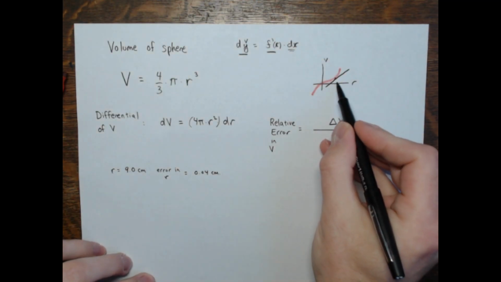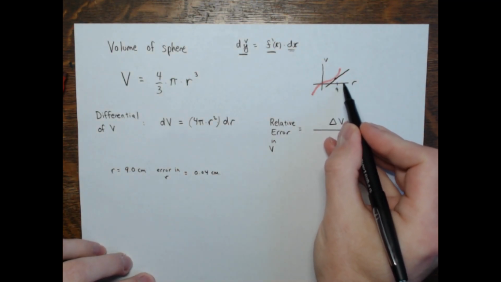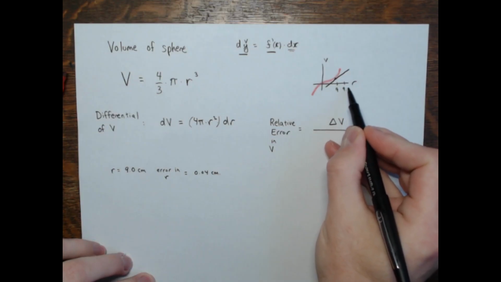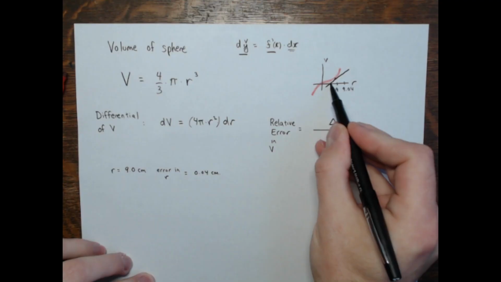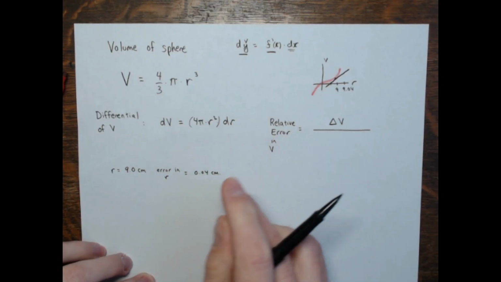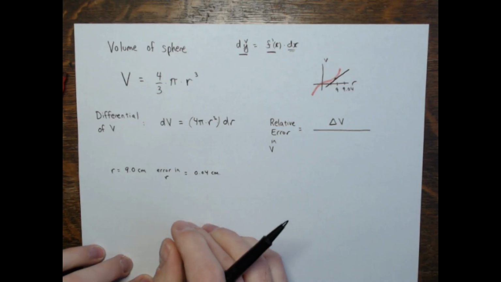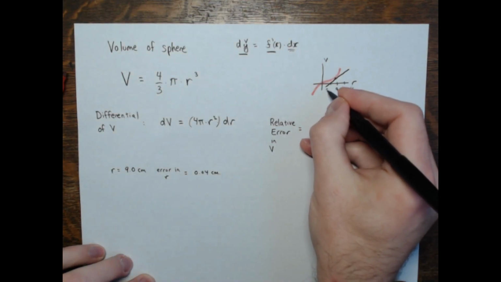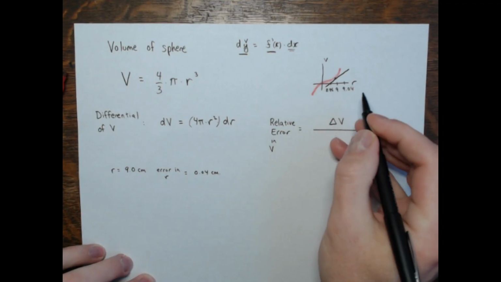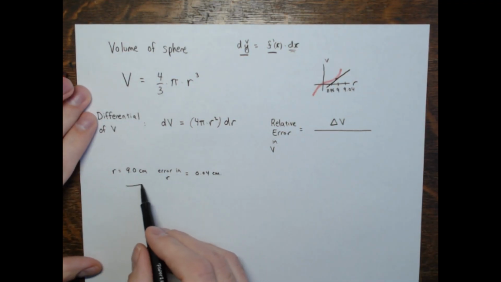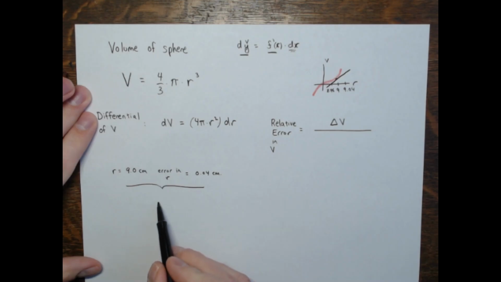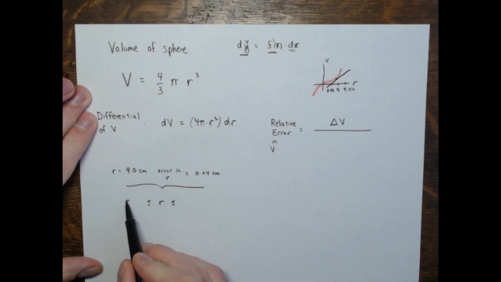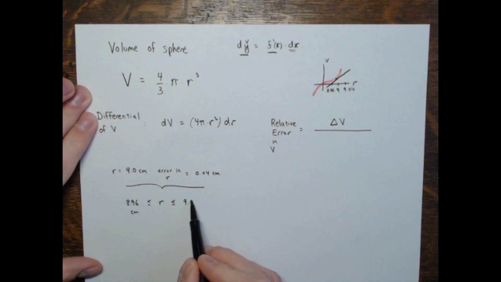So again, that's like having input 9 on the r-axis here and then going off of it by 0.04, to 9.04, or the other way, you could have measured too low, 8.96. So this means the actual radius might be somewhere in between 8.96 centimeters and 9.04 centimeters.